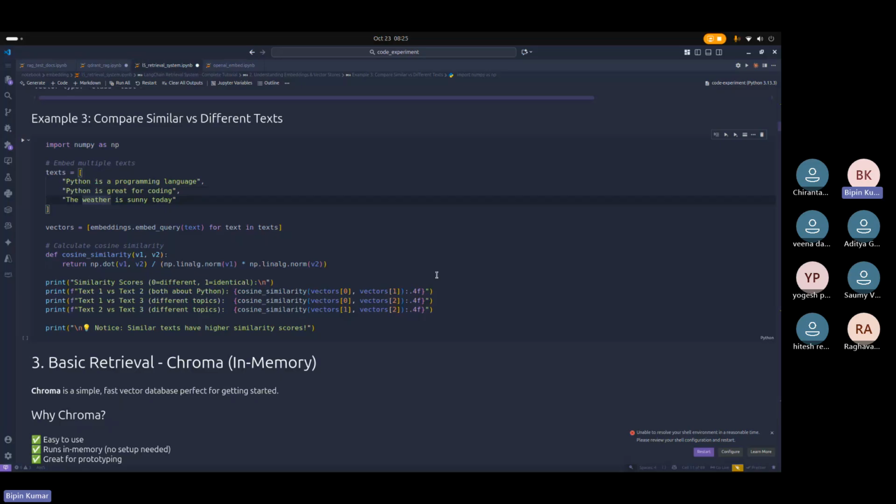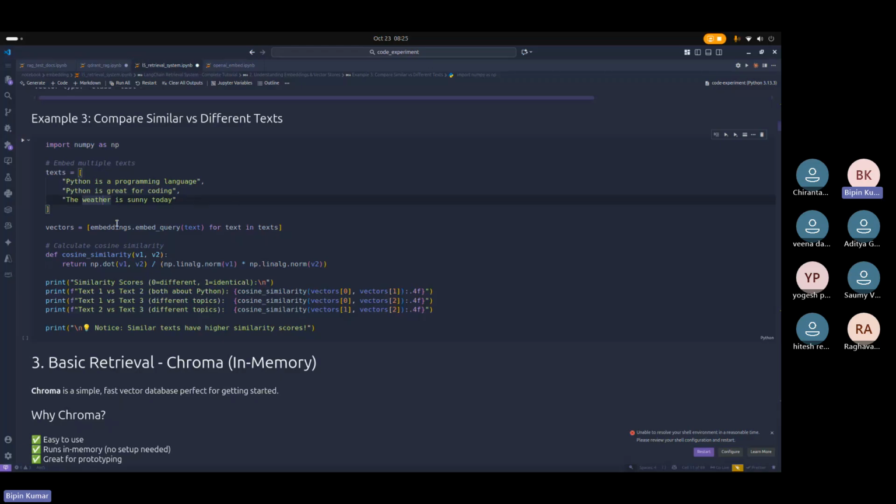Python is a programming language is vector 0, great for coding is vector 1, and weather is sunny today is vector 2.